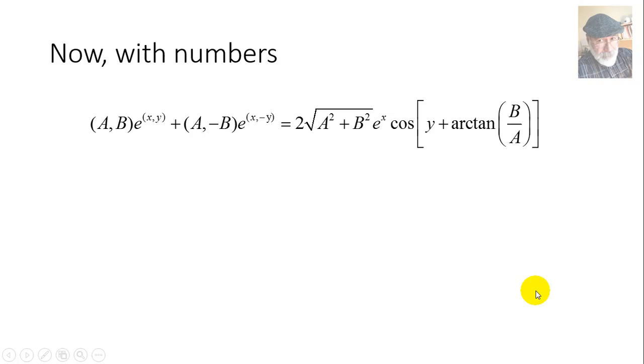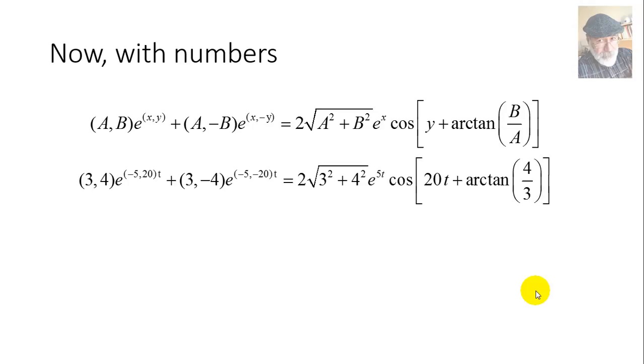But if we do that with numbers, we will remember it better, right? Let's do that with numbers. I copy the formula as a reference, and we have this combination: 3 plus 4j, 3 minus 4j, e to the negative 5 plus 20j times t. This time I included time explicitly. Fine. Well, that is bound to be 2 times the square root of 3 squared plus 4 squared.